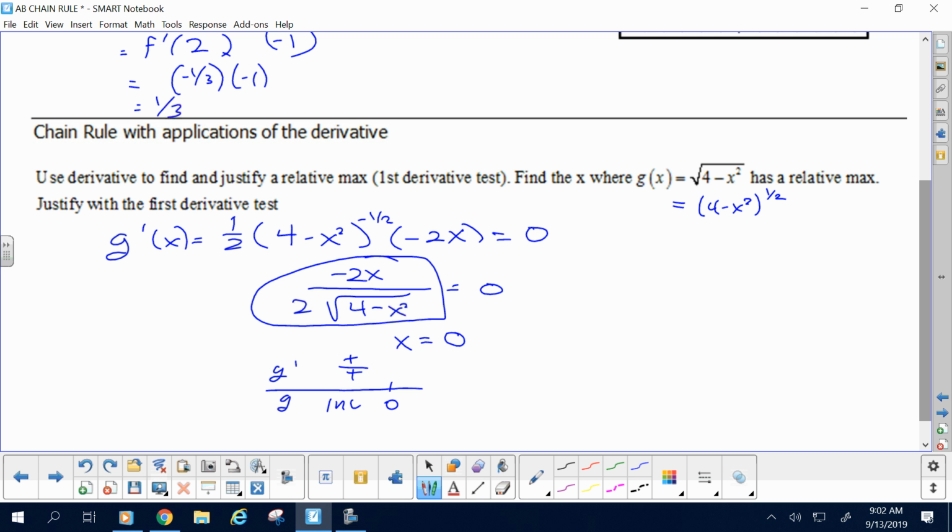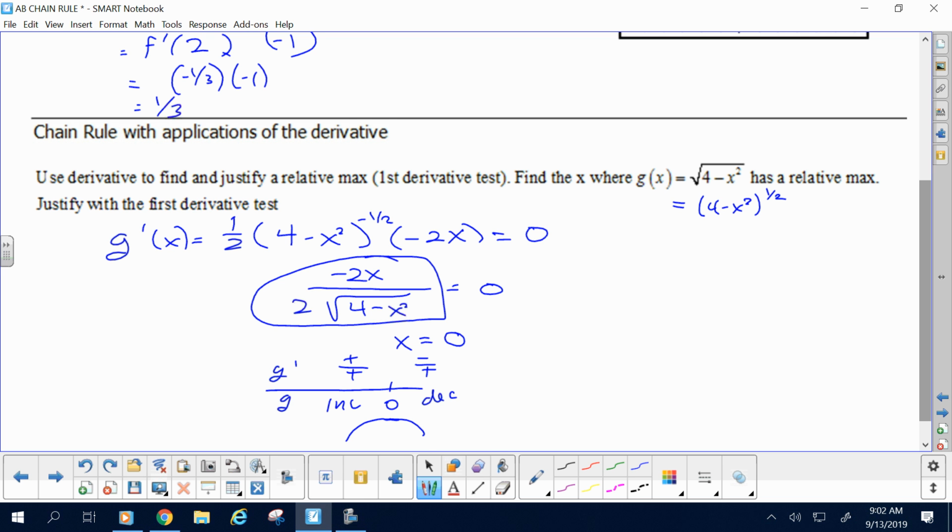Increasing, okay? And after, say at +1, what's the top? Negative. The bottom? Positive, and so what's G doing afterwards? Decreasing. If G went from increasing, then went flat, then decreasing, what did I see at x equals 0?